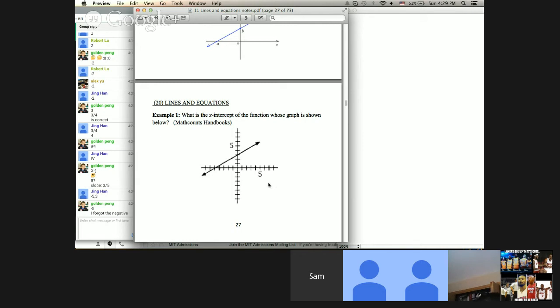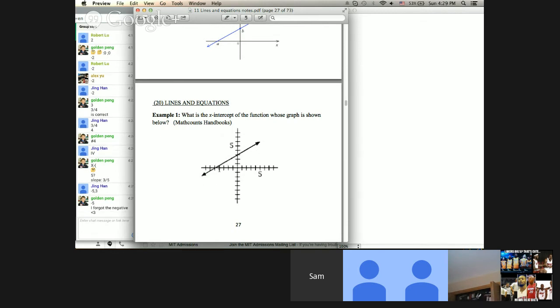Right, that's -5. So nice job. Right, so the x-intercept is -5, and then the y-intercept is 3.